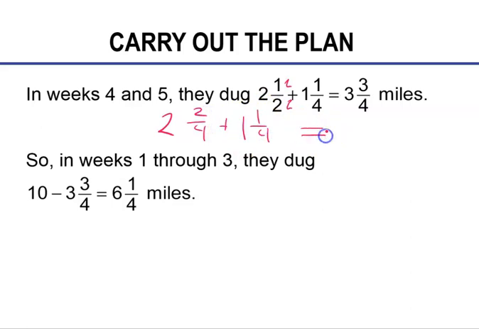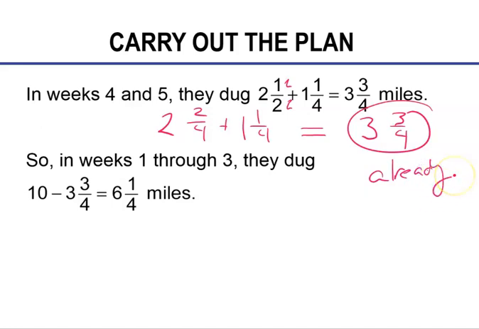Now the rule for adding mixed numbers is to add the fraction parts together. Okay, so 2/4 plus 1/4 is 3/4. And 2 plus 1, the whole number part, is 3. So what they've built already that we know of is 3 3/4.